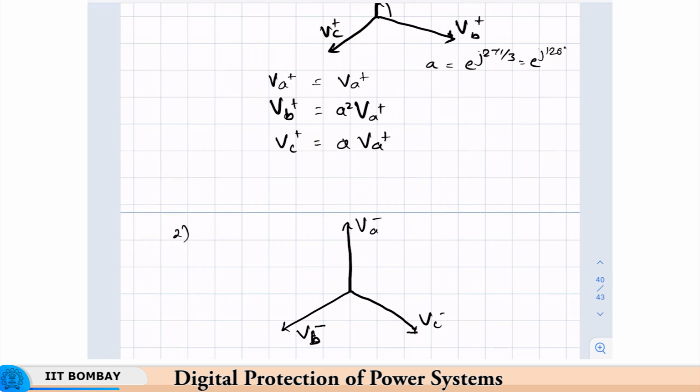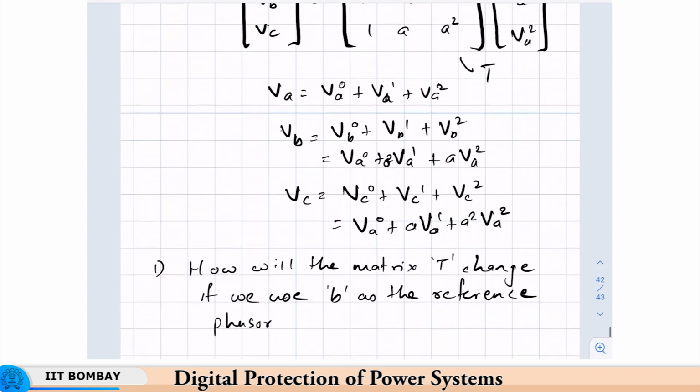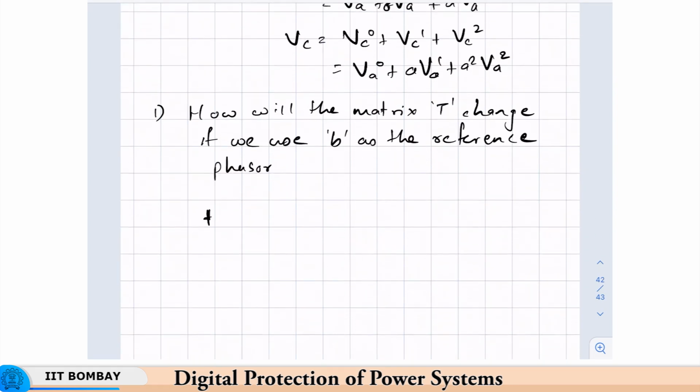If you have a 4 phase system, you will have 2 sequence components in between. If you have a 6 phase system, you will have 4 sequence components in between. So, positive and 0 sequence are always present, and then depending on the phases of the system, you will have multiple sequence components.